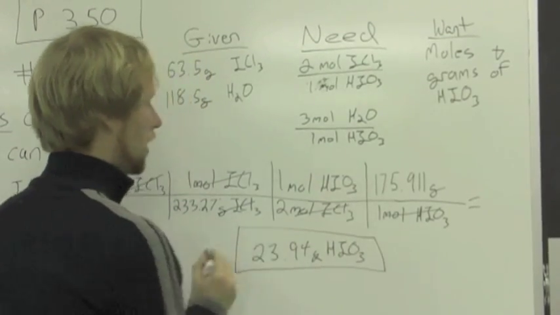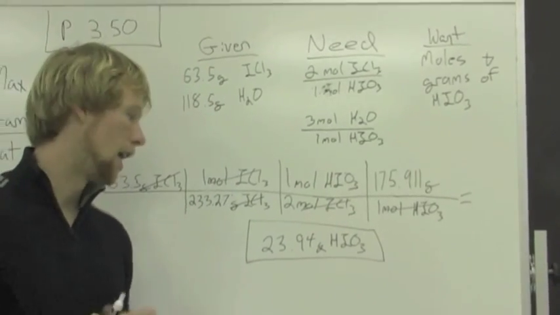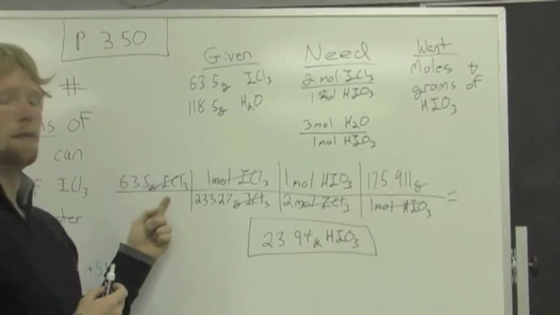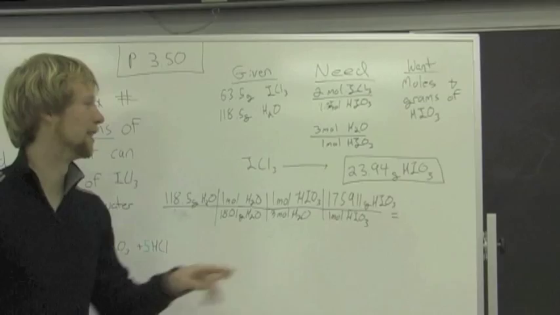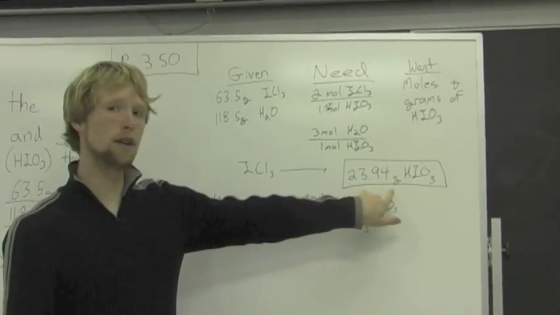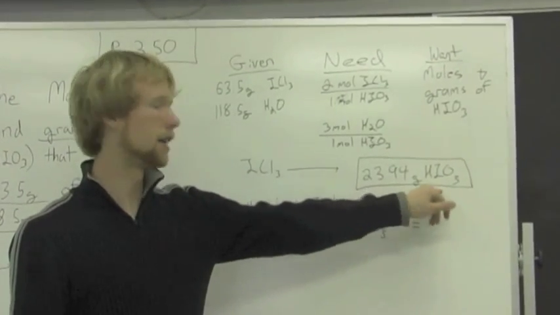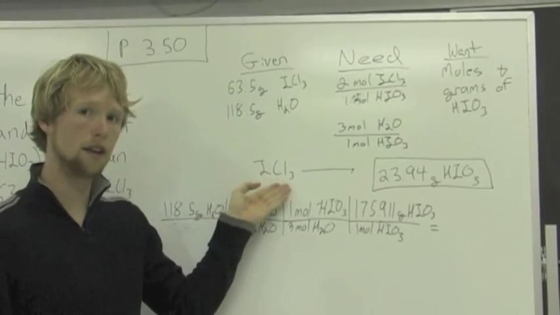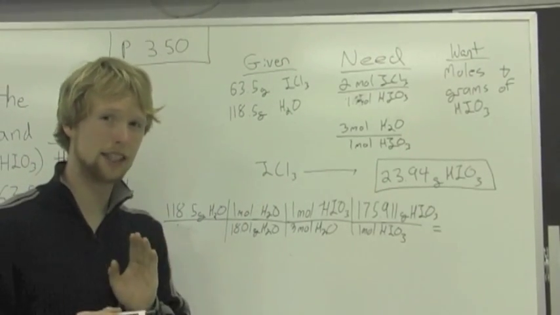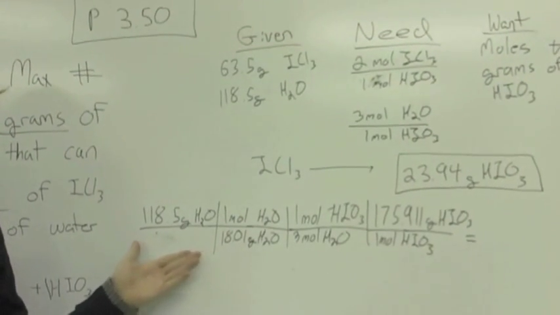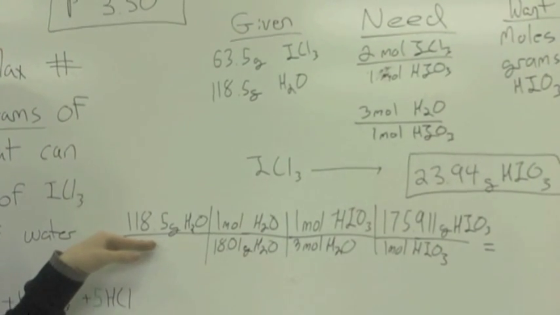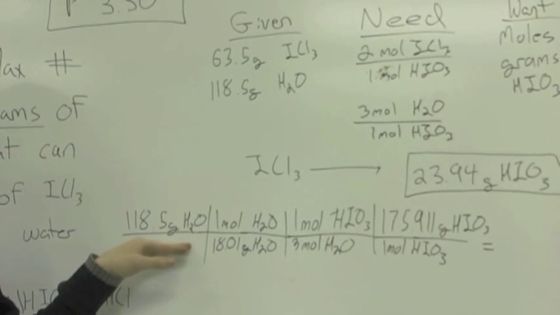So, that's how much iodic acid the iodide trichloride can make. So, remember, we could make 23.94 grams of iodic acid using the iodide trichloride. Now let's see how many grams of iodic acid we can make with the water. Remember, we were given 118.5 grams of water, okay?